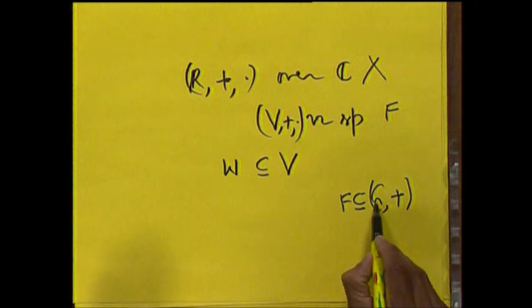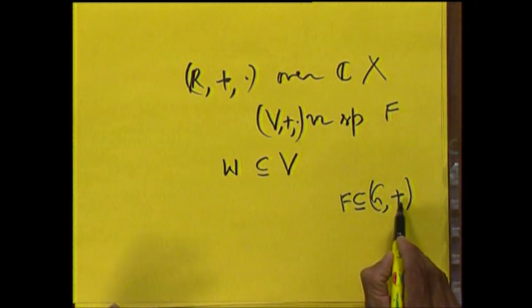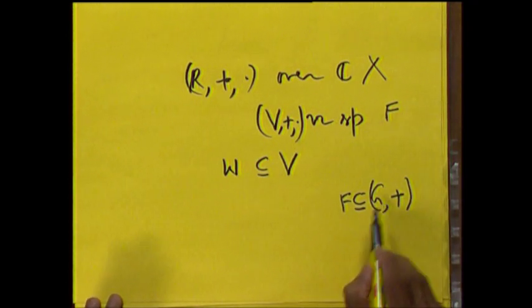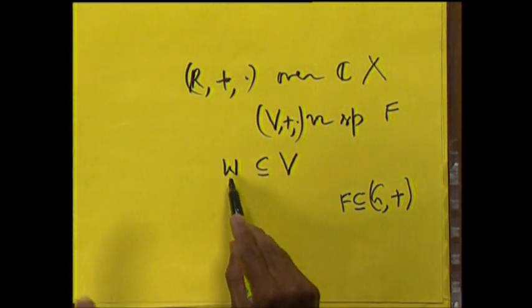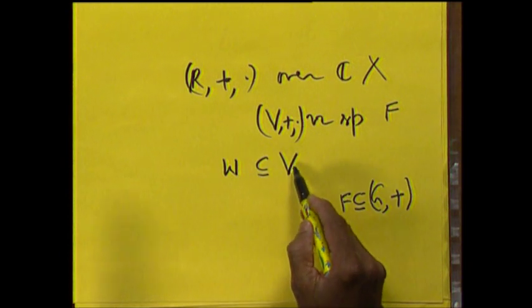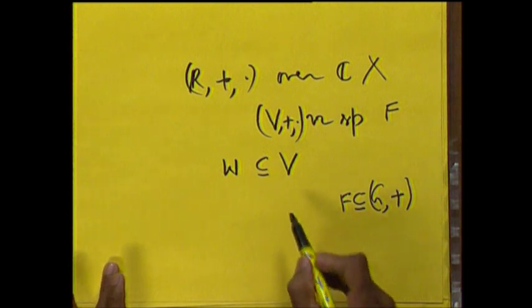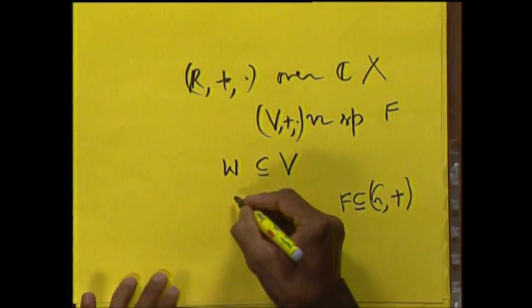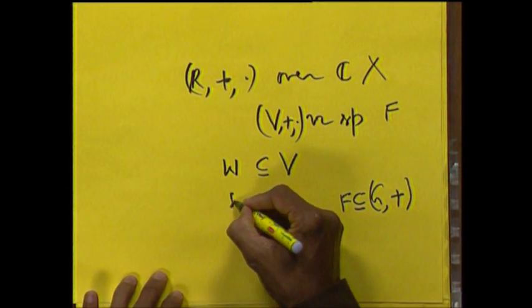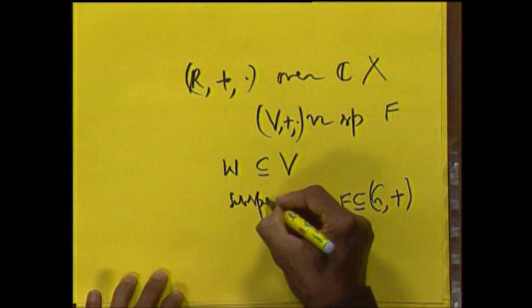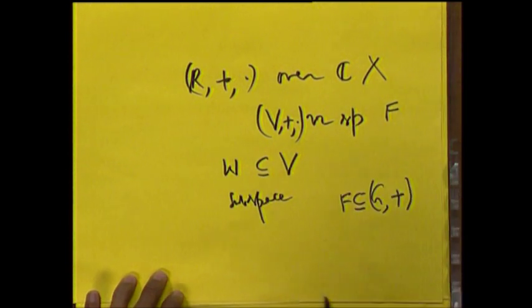If F is a group with respect to plus, then we say F is a subgroup of G. Similarly, here we may ask whether a subset W is a subspace with respect to the plus and dot defined on V. If it is so, we say that this W is a vector subspace over the same field F.